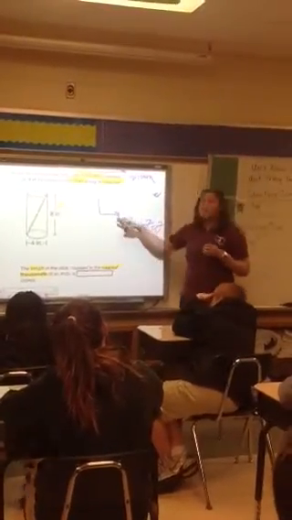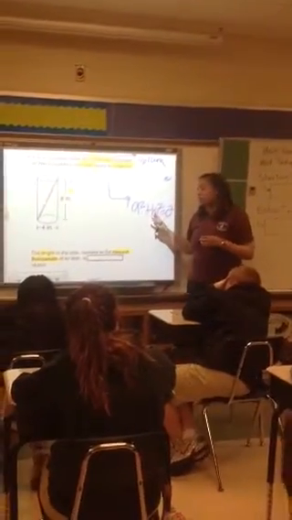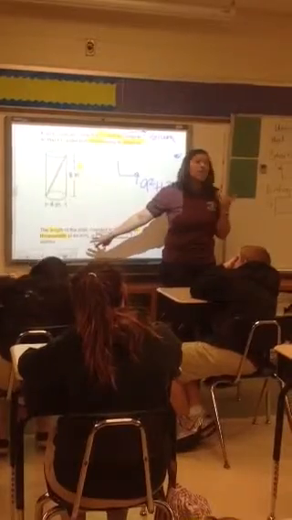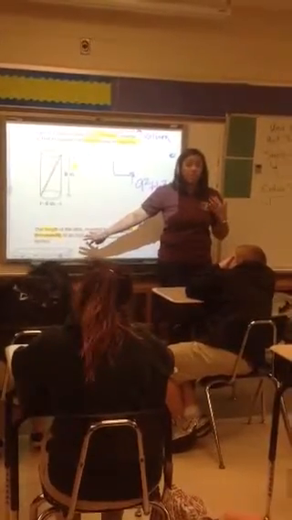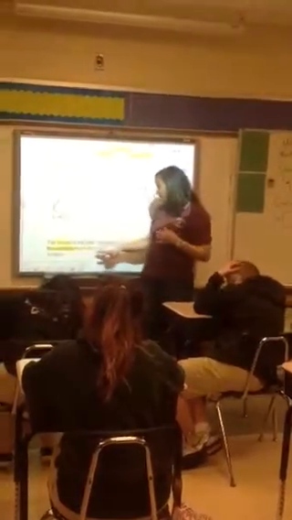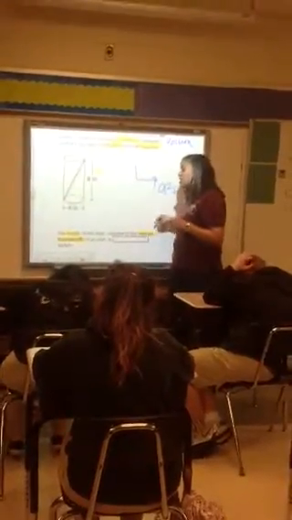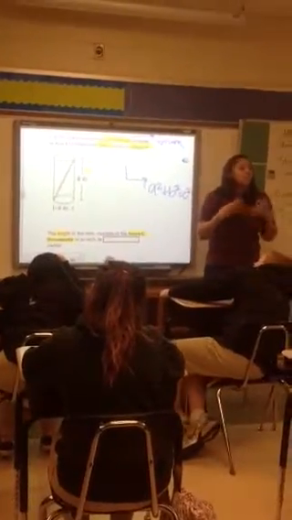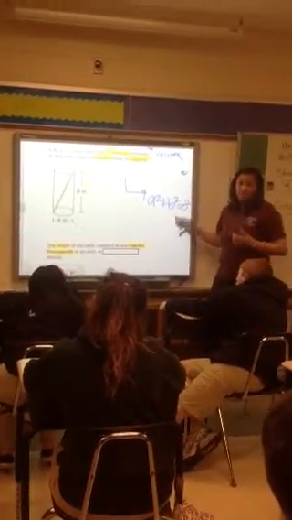If I'm using a squared plus b squared equals c squared, let me reread my question to make sure it's really not asking me about volume, that it really is asking me about length. It says the length of the stick rounded to the nearest thousandth of an inch is blank inches. So I should be using the Pythagorean theorem.